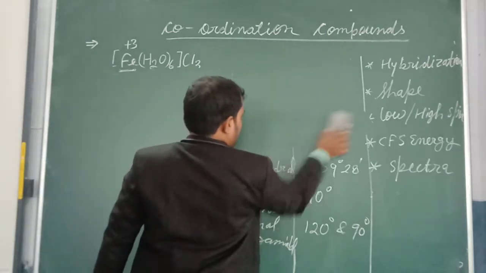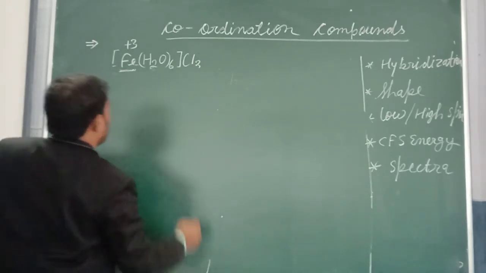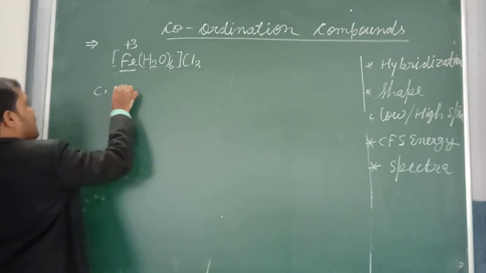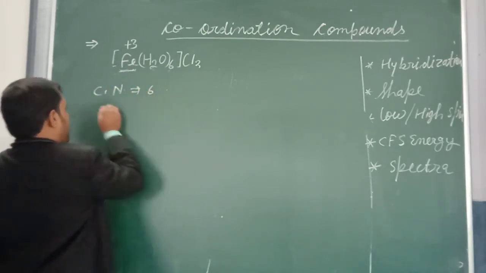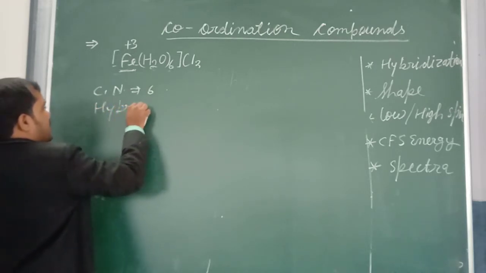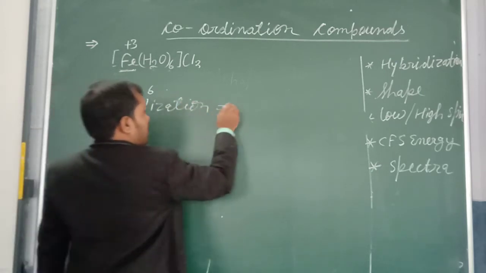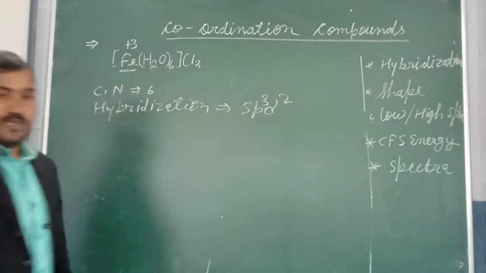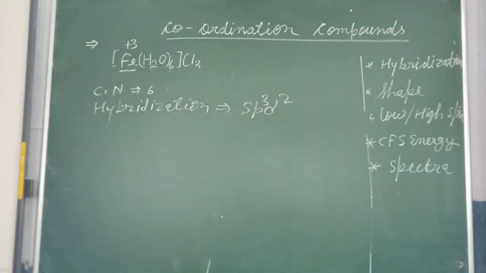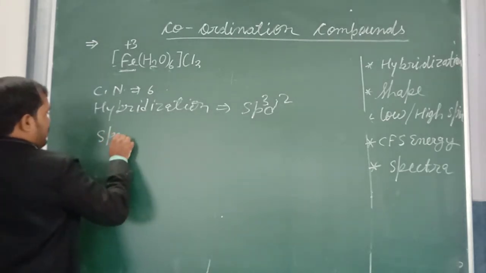Understood? Now please see. What about this example? Coordination number 6. Here the coordination number is 6. So what is the hybridization? Hybridization is sp3d2. If sp3d2, then what is the shape?